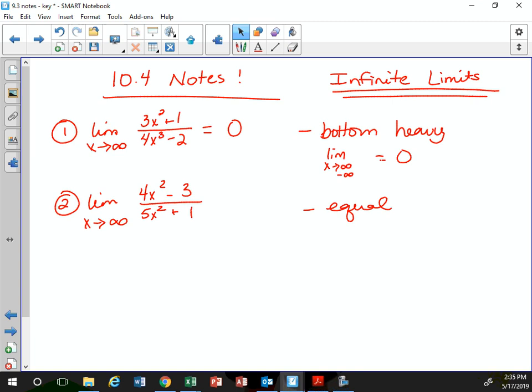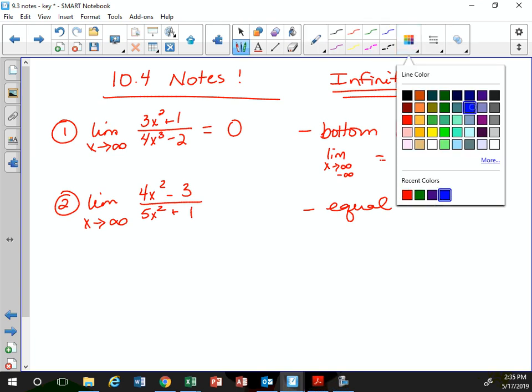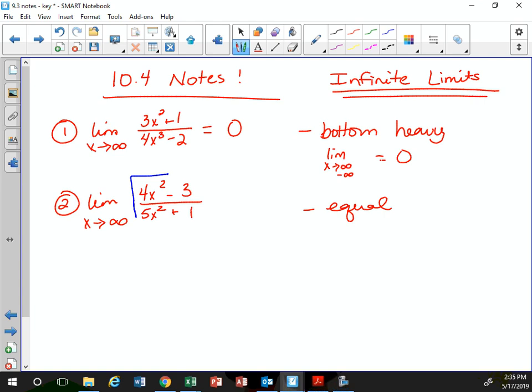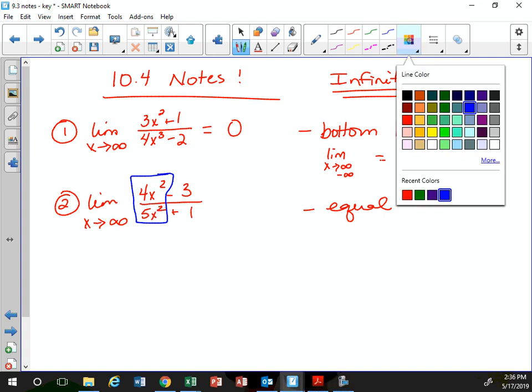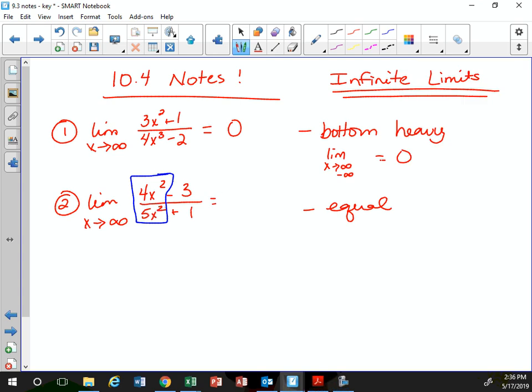You don't have to do synthetic division. If I divide them, the x squareds would cancel, and what are the coefficients? That's your limit. So when they are equal, you divide leading coefficients.